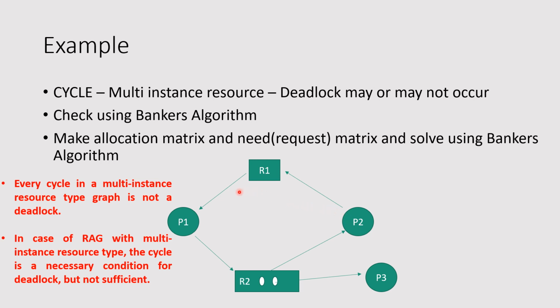So there is a cycle at first, but when this resource has been released by P3, it can be allocated to P2, then there will not be any deadlock. So this cycle is not a sufficient condition for multiple instance resource graphs. We are not sure whether the deadlock will be there or not. We have to check using Banker's algorithm.